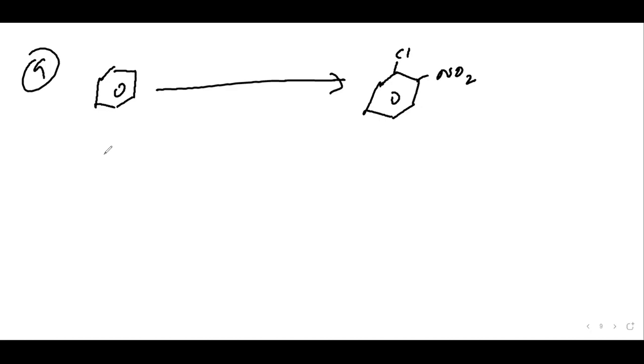I gave all the examples I discussed with you with meta position and para positions. Now I gave one with ortho. Ortho is the first carbon, second carbon. So the second carbon is ortho. Therefore NO2 is at the ortho position.